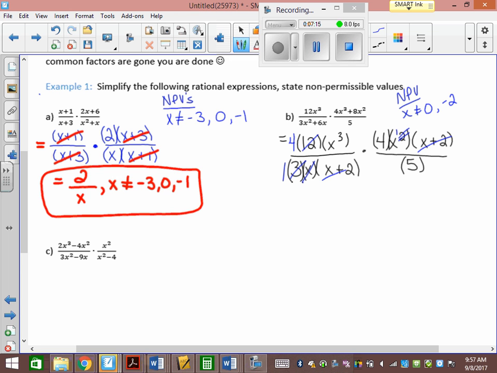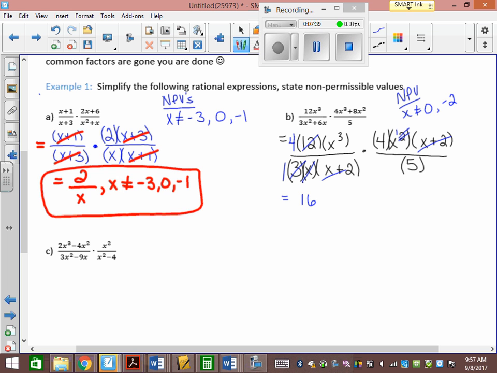So let's multiply what's left over. 4 times 1 times 4 times 1 is 16. So I multiply all the numbers together first. Then I have X cubed times X. What is that? X to the 4. Because remember, it's like having 3 X's and 1 X. Total is 4 X's.